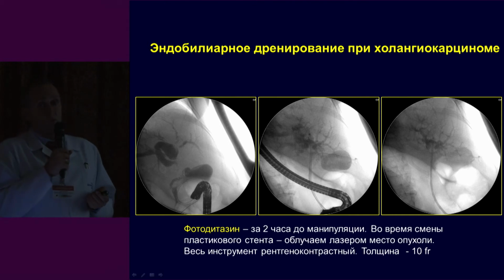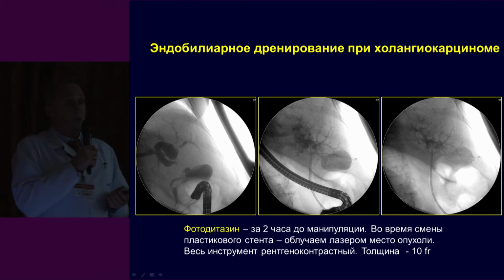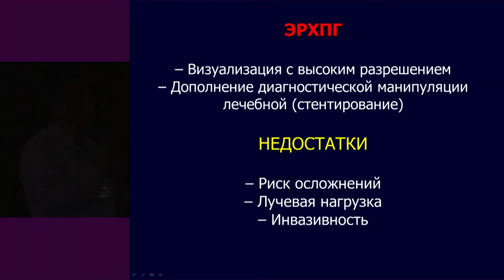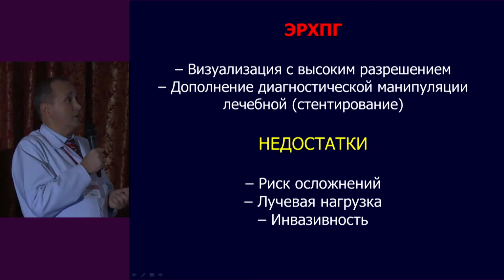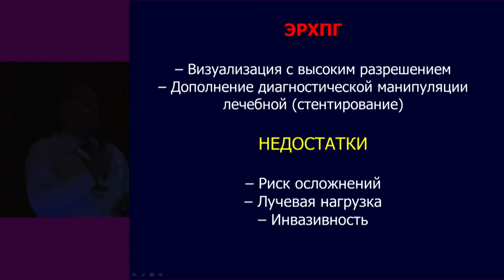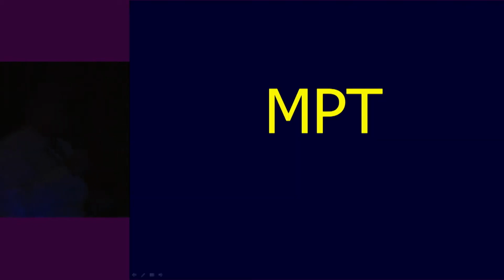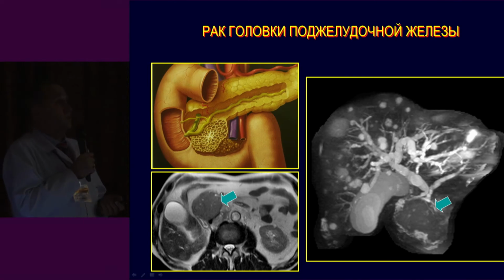When you introduce a drug, then there is an irradiation of a particular area. Thus, we improve the prognosis, and Lodge also said about it. This is a high risk of complications because it is an invasive procedure, and also it is radio exposure. This is something that accompanies ERCP.